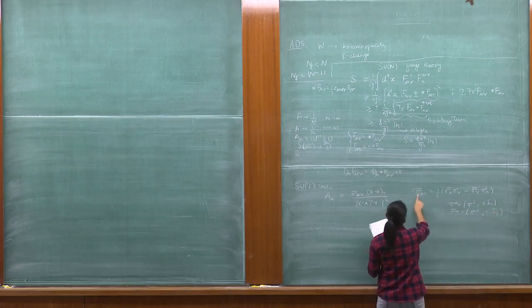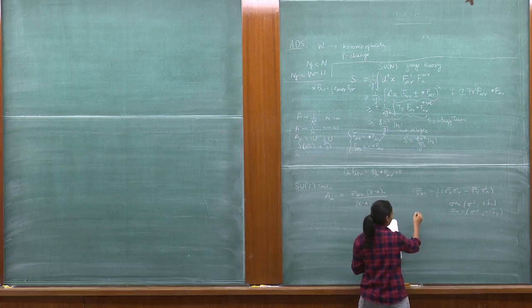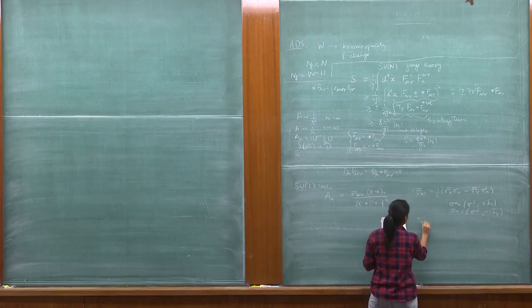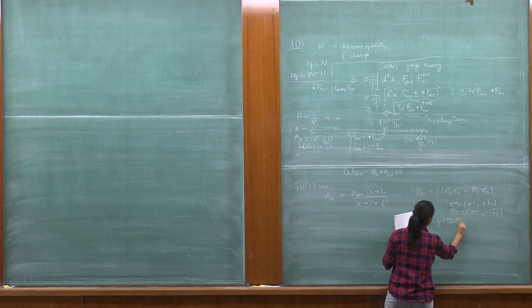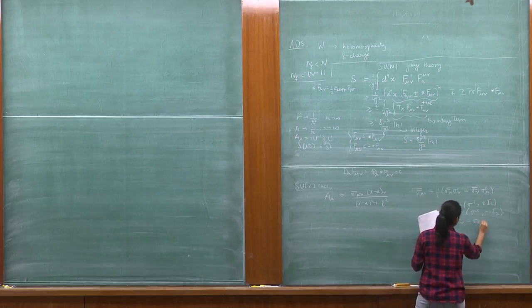As I defined sigma bar, you can define sigma mu nu also. Sigma mu nu will be half of sigma mu sigma bar nu minus sigma nu sigma bar mu.